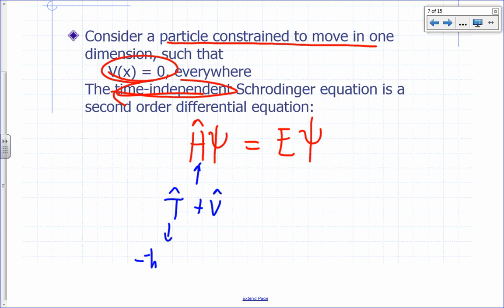Negative h bar squared over 2 times the mass times the second derivative with respect to x, right? And the potential energy operator is 0. It's a multiplicative operator in this case.